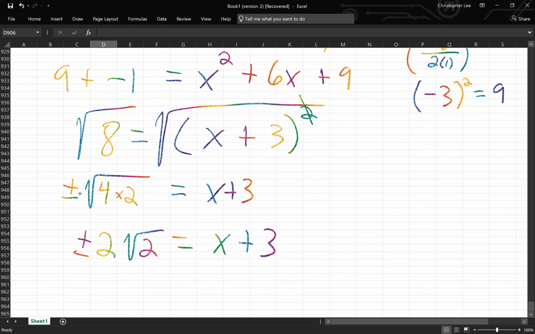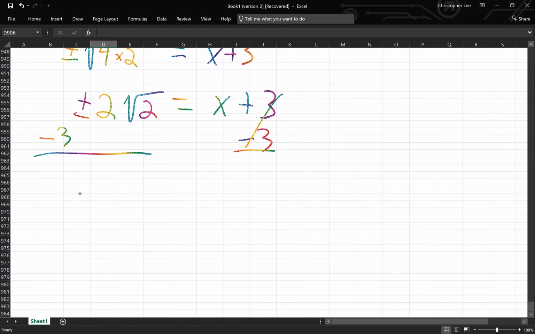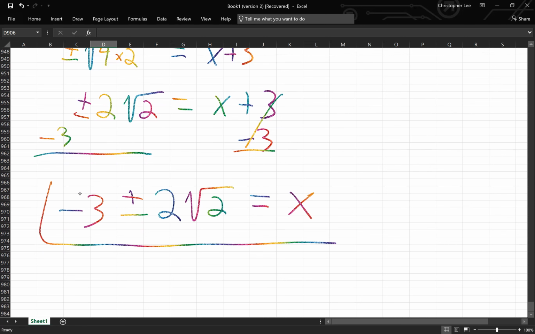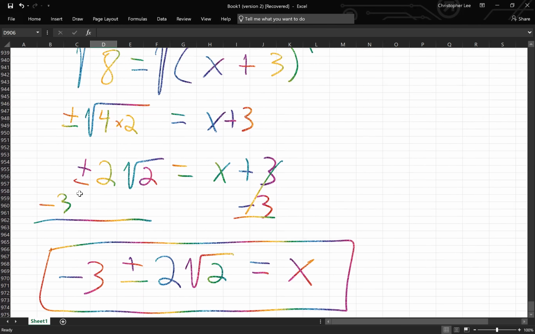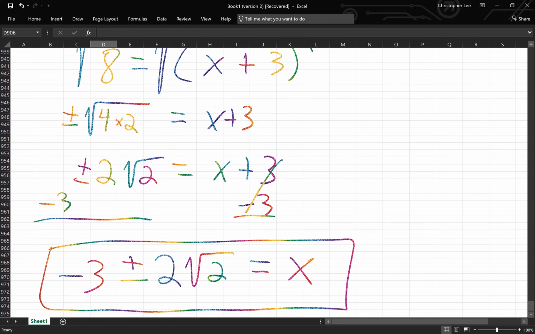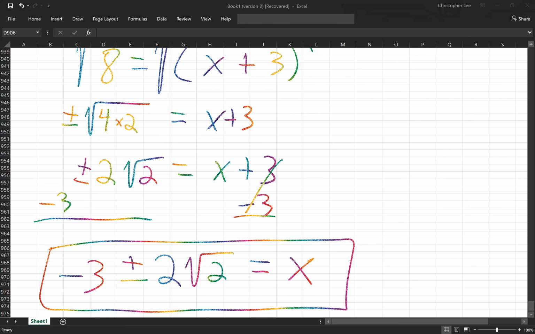Now, remember, I want to solve for x. So what am I going to do next? Minus 3, right? But what I do to one side of the equation, I have to do to the other side. So now I have negative 3 plus or minus 2 square root 2 is equal to x. That's it. Makes sense, right? It's one of the easier questions on the test.